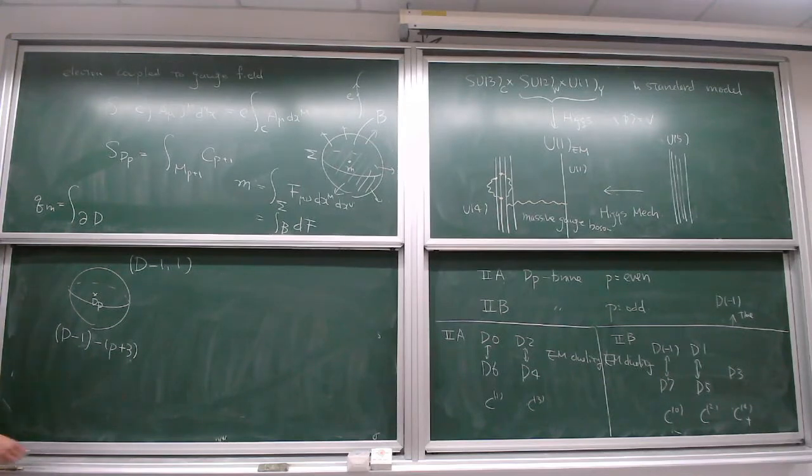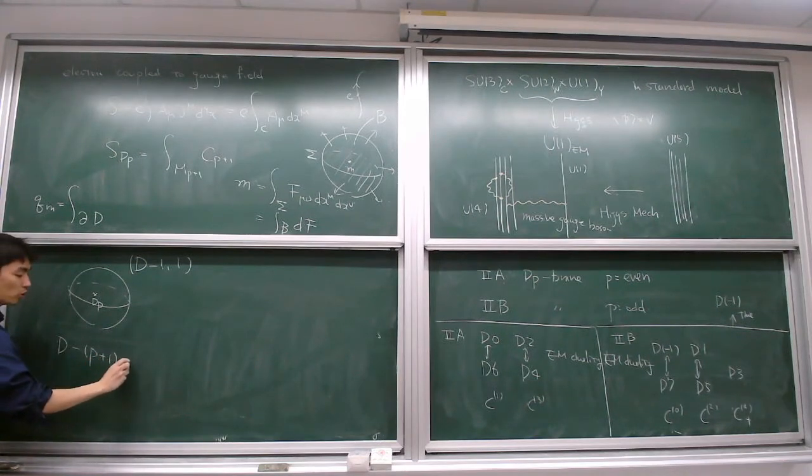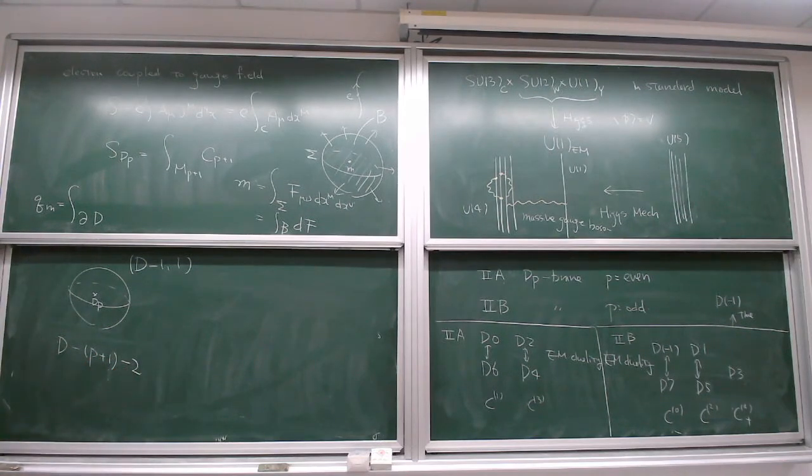Okay, let's do it step by step. So it's codimension, D minus p plus 1 is the codimension, right? And then take a codimension 2 surface. So this sphere has a dimension like this, and therefore this has to be D minus p minus 3.